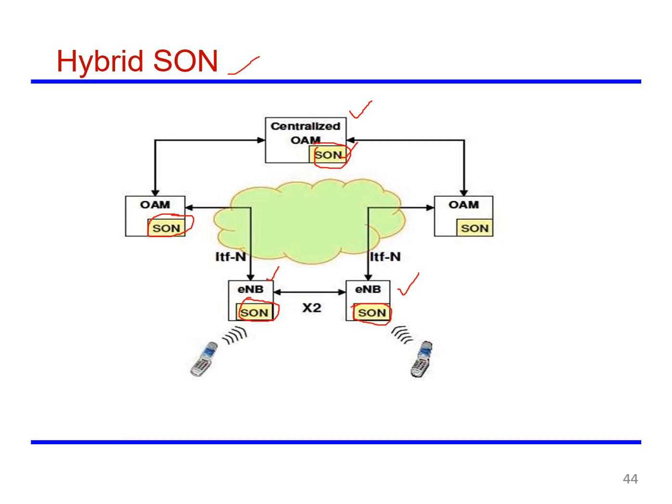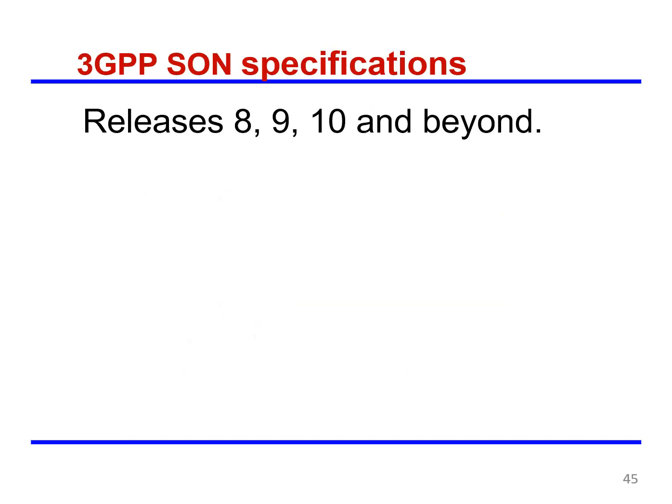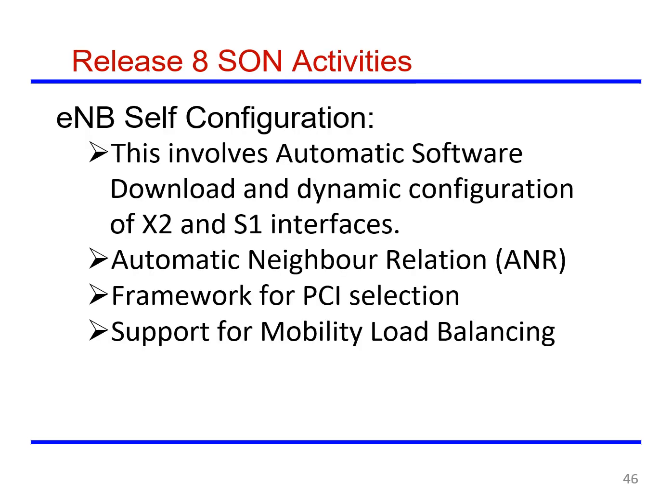Okay, this is hybrid SON. SON has appeared in the 3GPP specs right from release 8. Release 9 enhancements are there, release 10 is also there, and beyond also, new releases of 3GPP have SON enhancements coming up.